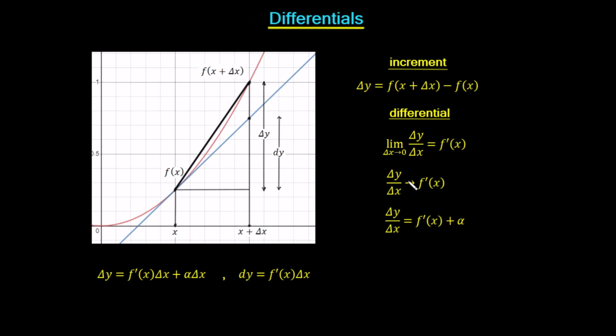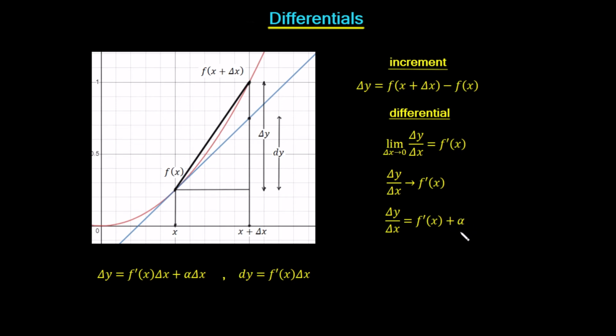So at the moment, what we can say is the delta y divided by our delta x, we can make it equal to it if we say that this gradient here is going to be the gradient of this blue line, which is our f derivative of x, but we're going to be adding on some value alpha.